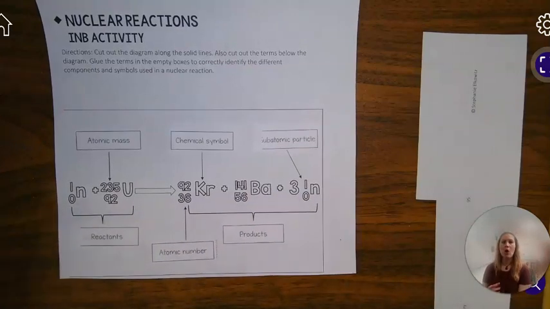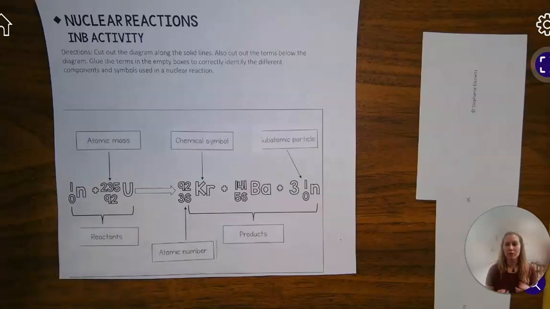Hopefully this helps you a little bit in understanding nuclear reactions, where we are having reactions that involve those subatomic particles, protons and neutrons within the nuclei, when it comes to either nuclear fission or nuclear fusion. So if you still have any questions or concerns, just let me know.